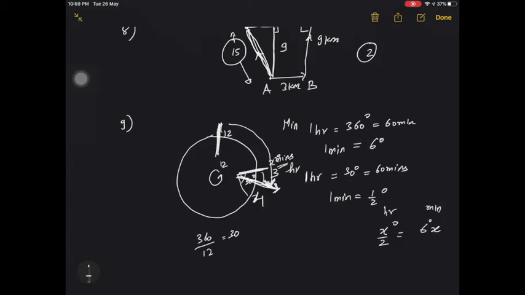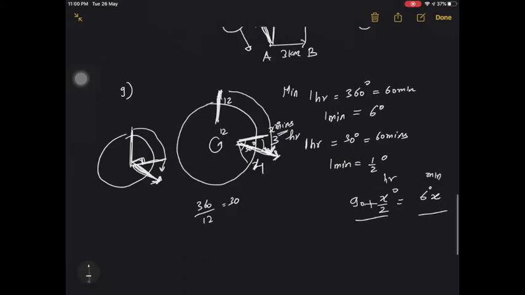Now, if I'm saying both of them are equal, that is the angle covered by the hour hand from here to here has to be equated to the angle covered from here to here. So can I say that 90 degrees I can add to the hour hand? So plus 90 degrees, I can equate both the angles. So over here, if I equate both of them, this will be 180 plus x is equal to 12x.